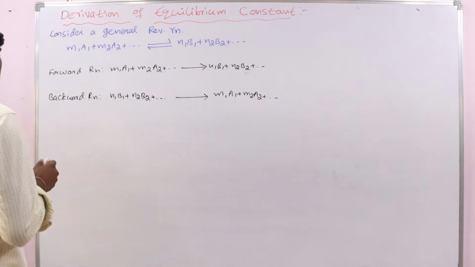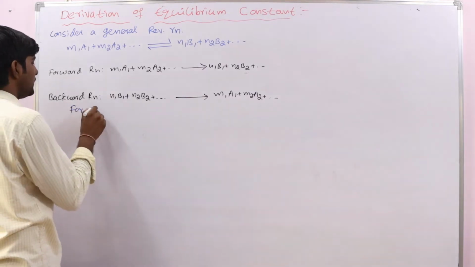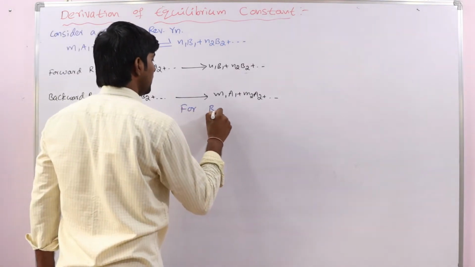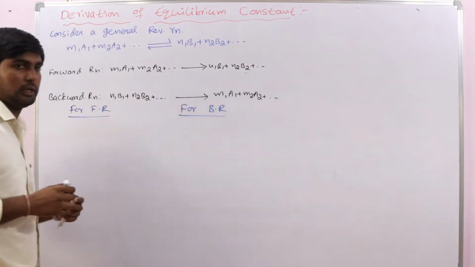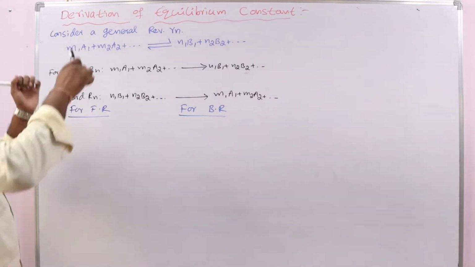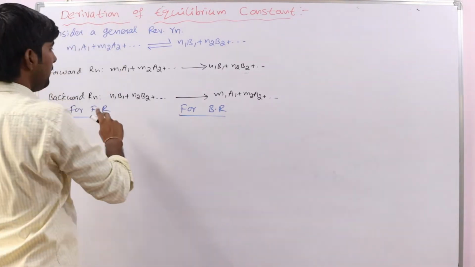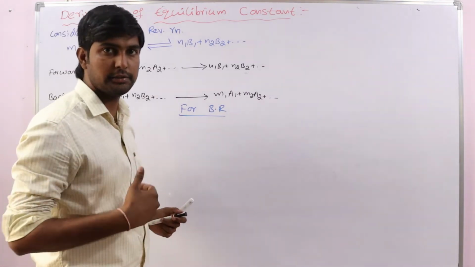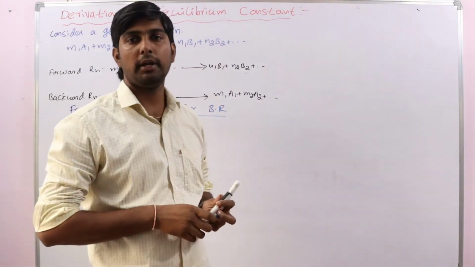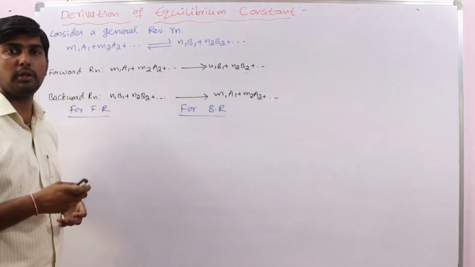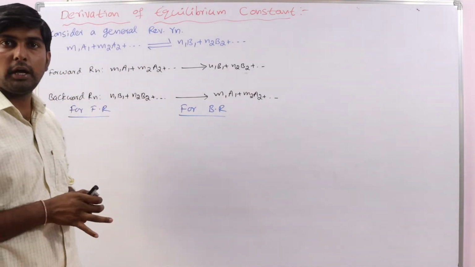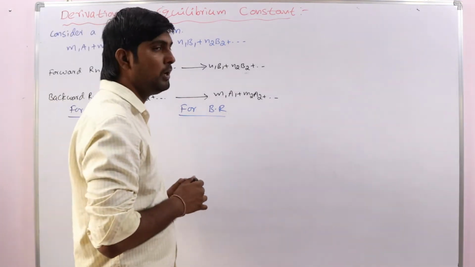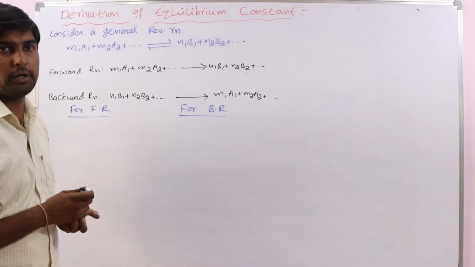Here FR is the forward reaction and BR is the backward reaction. Let us apply the law of mass action for the forward reaction as well as the backward reaction. What is the law of mass action? Simply, the rate of a reaction is directly proportional to the product of the active masses of the reactants, with each term raised to the power of its stoichiometric coefficient.